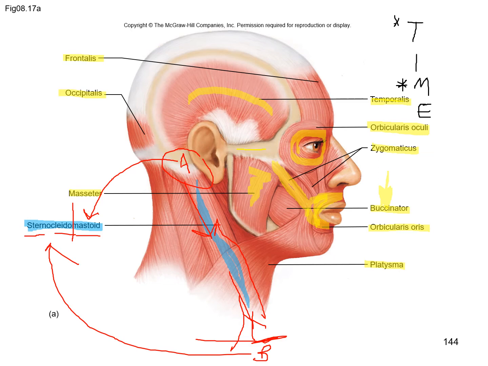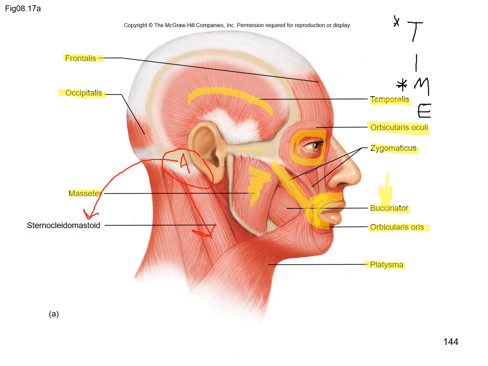To use another example, since I want to make sure we're good, because there will be a question or two about origin and insertion of certain muscles, and they will be straightforward. So if I have the masseter, this one right here, and I say I've got A, the zygomatic arch, and B, the lower border of the mandible.